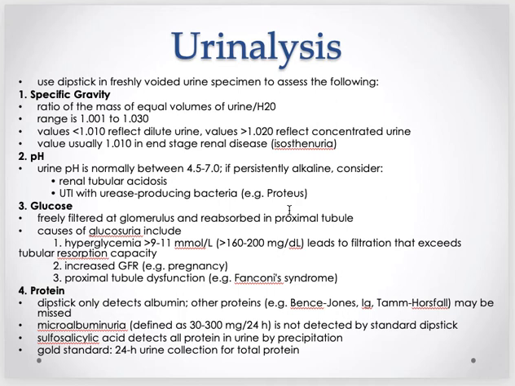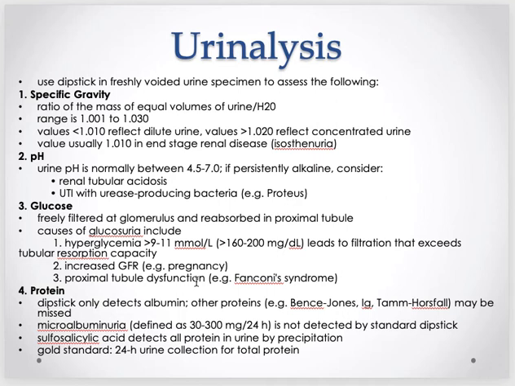Glucose, I think you guys know what that is. It is freely filtered at the glomerulus and reabsorbed in the proximal tubule. Causes of glycosuria include hyperglycemia, increased GFR, for example in pregnancy, and proximal tubule dysfunction, like Fanconi syndrome.